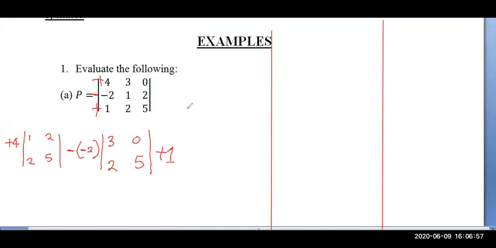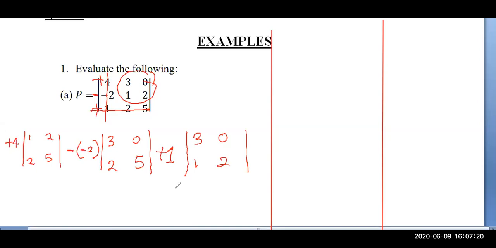And determinant of minor is what? Neglect the row of 1 and the column of 1. What is remaining is this, that is 3, 0, 1, 2. So this is what you have. Whatever remains now is just a normal 2 by 2 matrix.